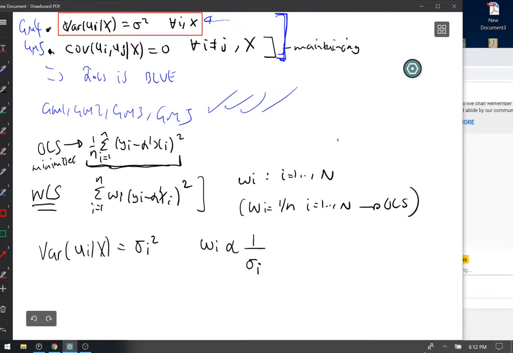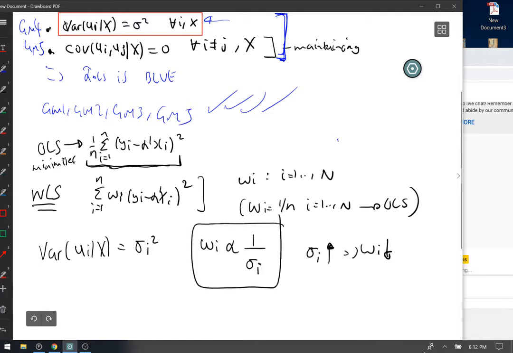It makes sense: as the standard deviation of the disturbance of person i increases, the noisier is the data point around the true line, so we want to give less weight to that point in our loss function, because we don't want the least squares method to fit around that point because it's really noisy. So you want to give a lower weight to that point, and it turns out the optimal weights are those which move proportionally like this.